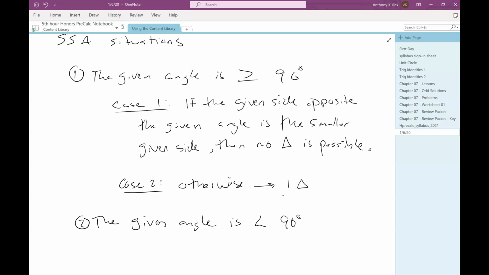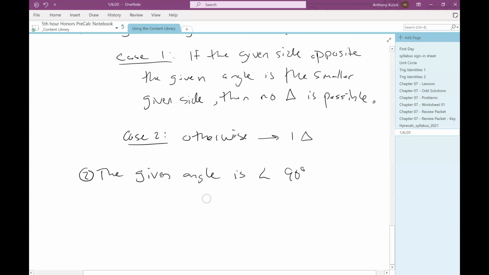So the second situation is if that given angle is acute.